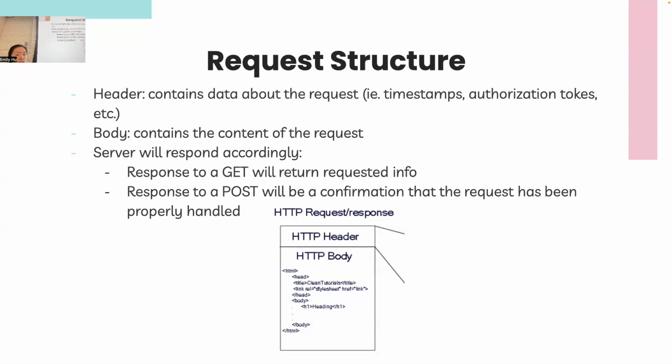So the server will respond accordingly. If you send a GET request, then it will return the requested info. If you send a POST request, then it will give you a confirmation that whatever you want to post to the backend worked successfully. So this is how it looks, just a header and then a body.